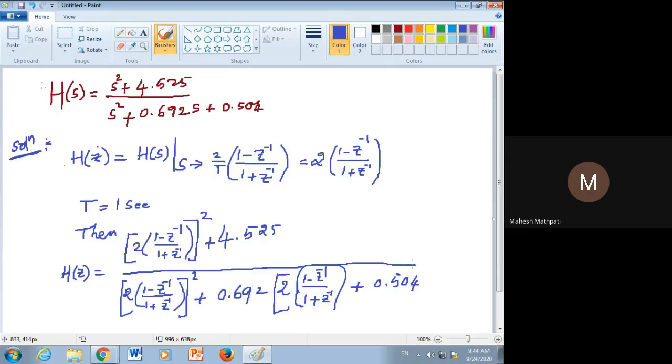Yes, sir. Any difficulty here? No, sir. Can you simplify this now and tell me the answer? Please simplify and tell me the final answer. Let's see how many of you will do the proper simplification.